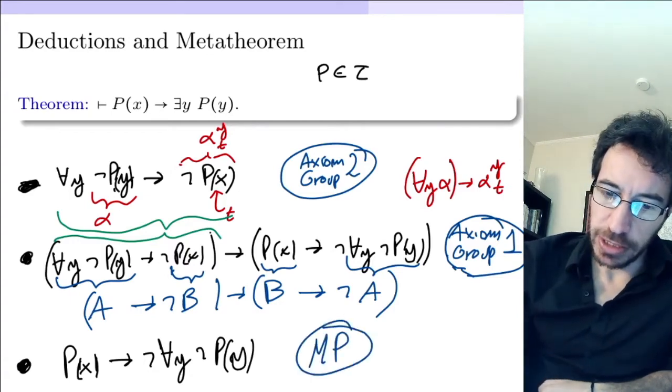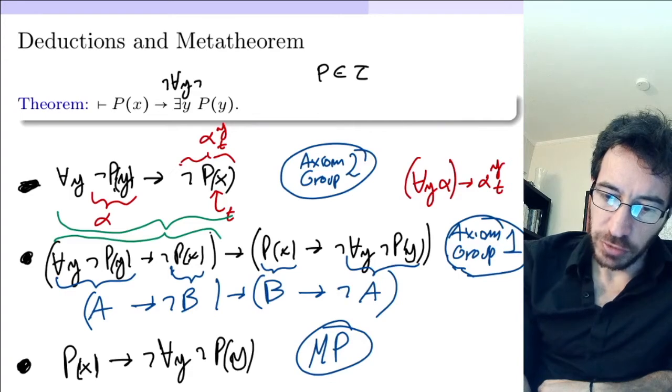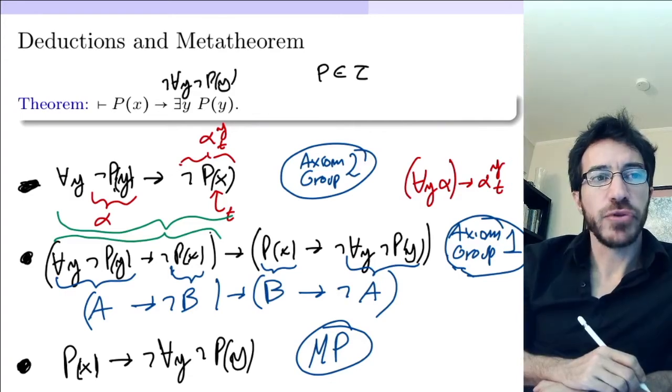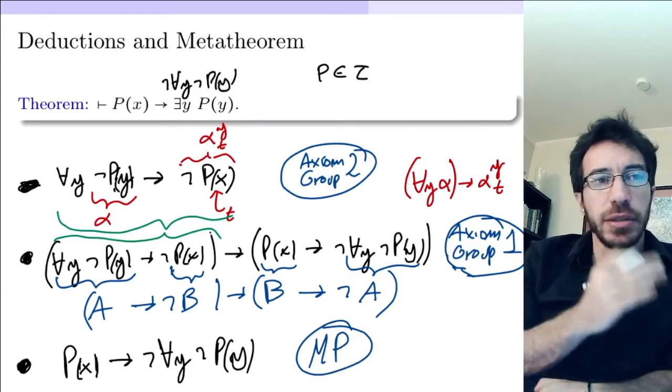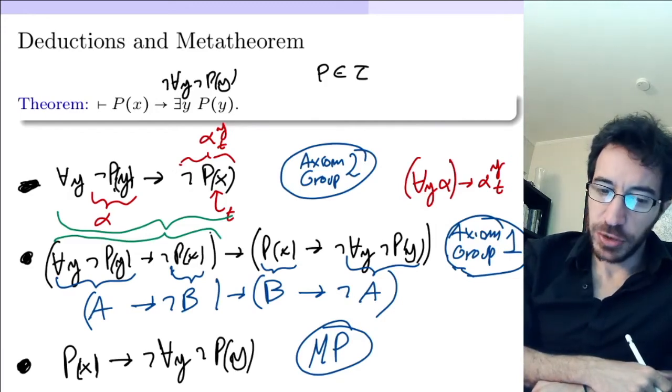Well, because this exists, remember, is just a shorthand for this formula up here. Okay, so that's a deduction. It has 3 lines, and that's how you use that simple implication. By the way, there is no gamma here.